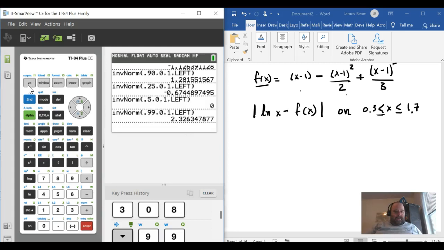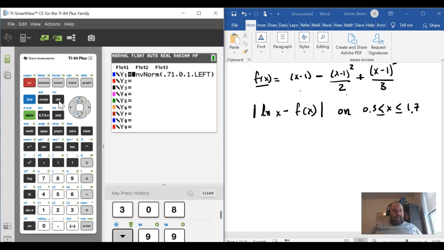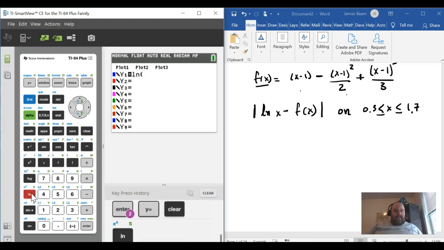So what I'm going to do here is I'm going to put two things in y equals, right? So we're going to put in there the natural log of x, right? And then we're going to put in this guy, x minus 1, right?